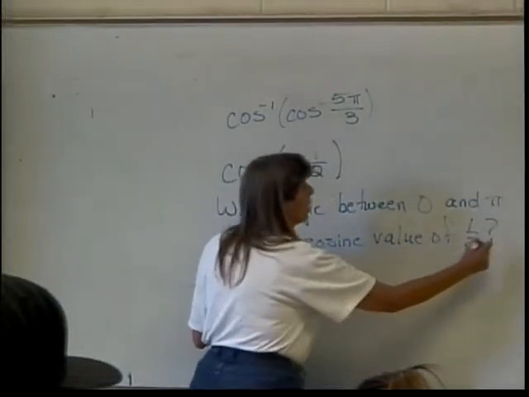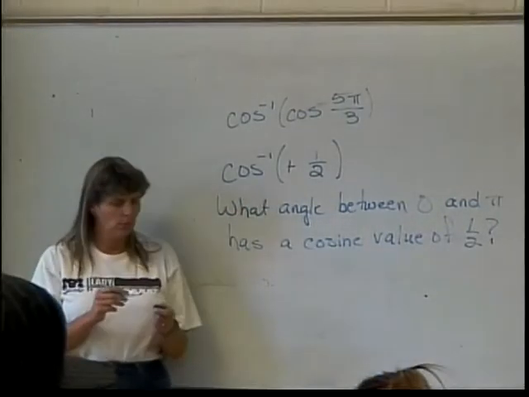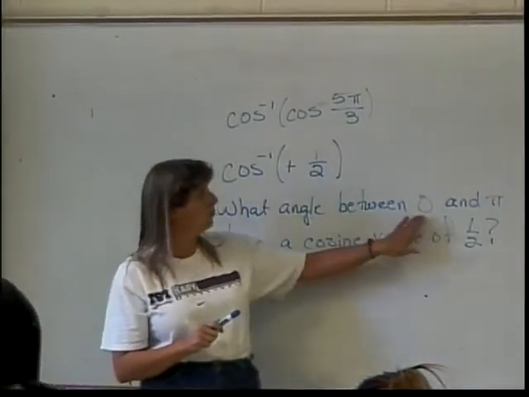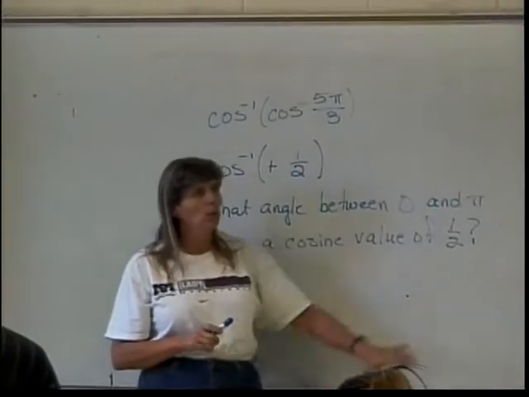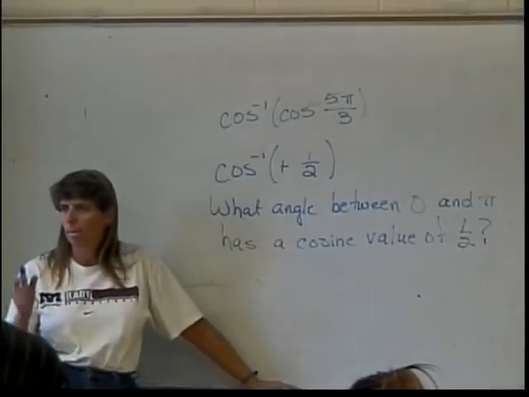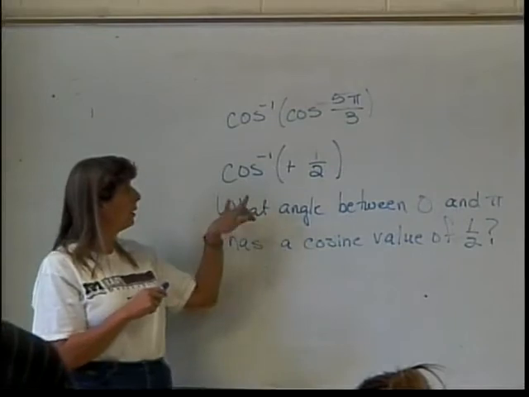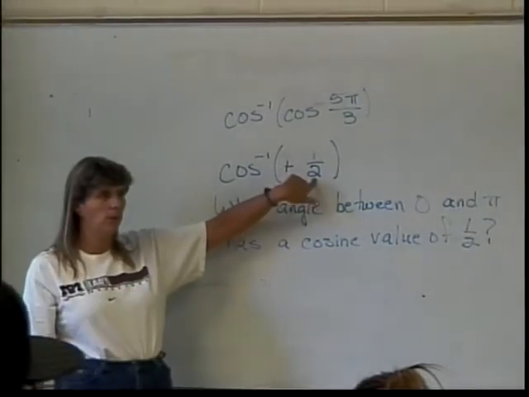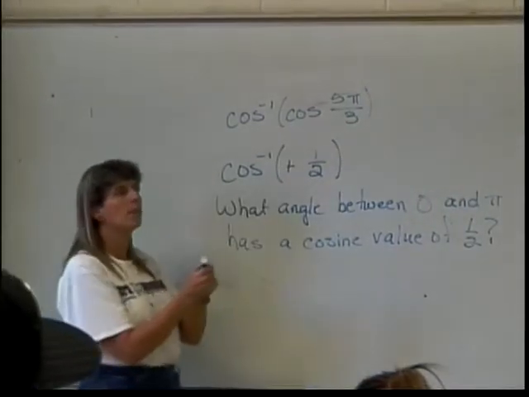So, positive cosine value, if we have a choice of quadrants 1 and quadrant 2, what quadrant are we going to be talking about? 1. So I want an angle in quadrant 1 that has that cosine value. What's that angle? Pi over 3.